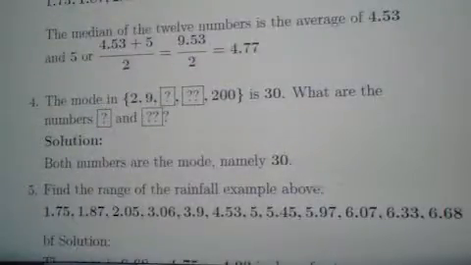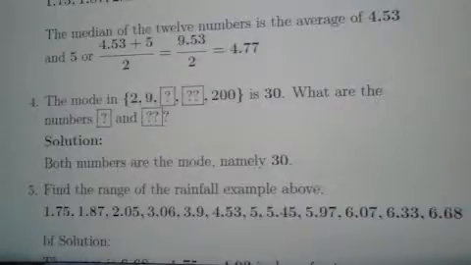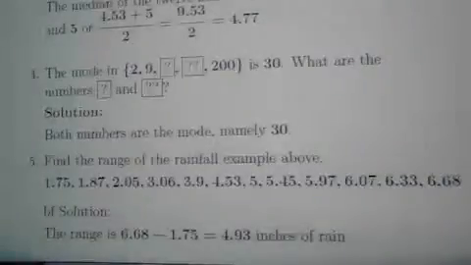That was a median rainfall, 4.77. And then the mode was 30, and the range was 4.93. As I said, I just wanted you to get the answers without showing you how to do it yet. And I think I succeeded.